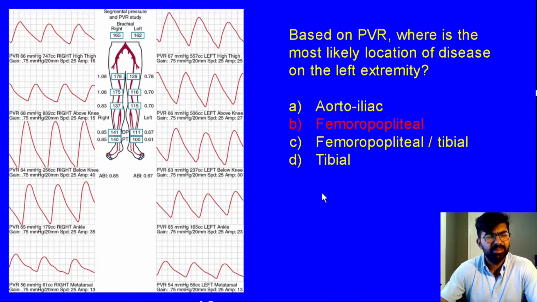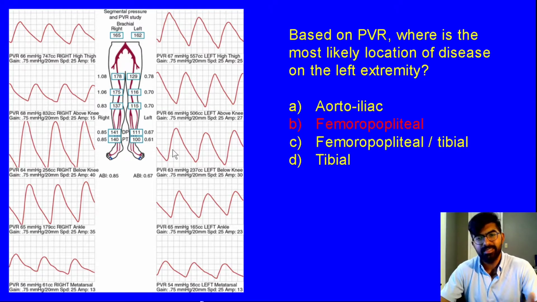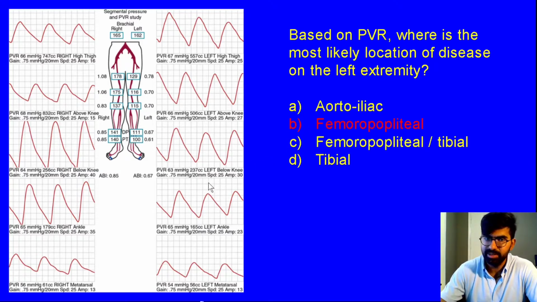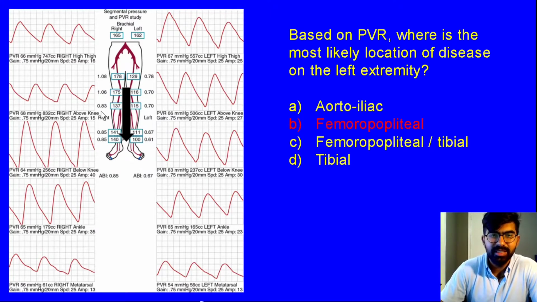So you'll say, Dr. Shukla, those waveforms look very normal, but remember what we discussed. It is a normal finding to have an elevated amplitude at the below knee segment. So the lack of it represents lack of volume in that segment, and represents a stenosis potentially proximally, which would be in the femoral popliteal segment. Now, if you were astute and looked at some of the other information, you'll see that there is a change in the ABI as you go further down.